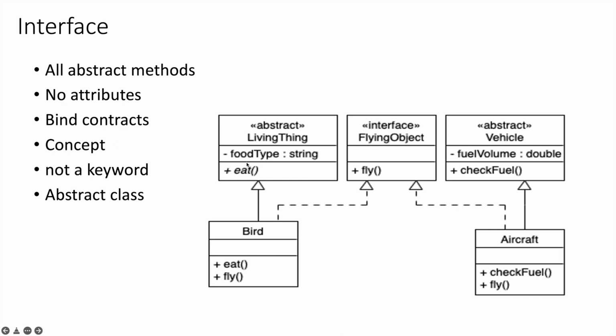So living things have got a food type and living things can eat. A bird is going to eat because a bird is a living thing. Similarly, an aircraft can check fuel because every vehicle has got a fuel volume and can check the fuel. So an aircraft is a vehicle.